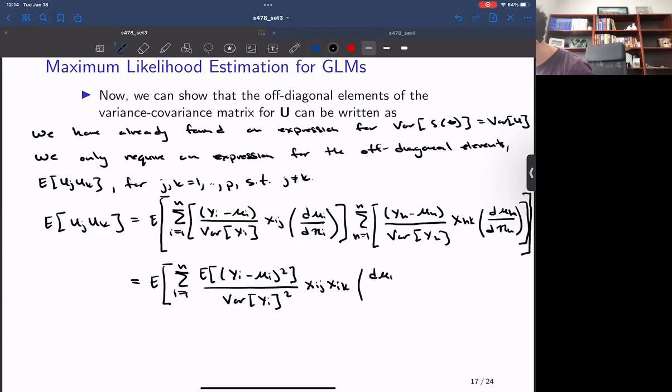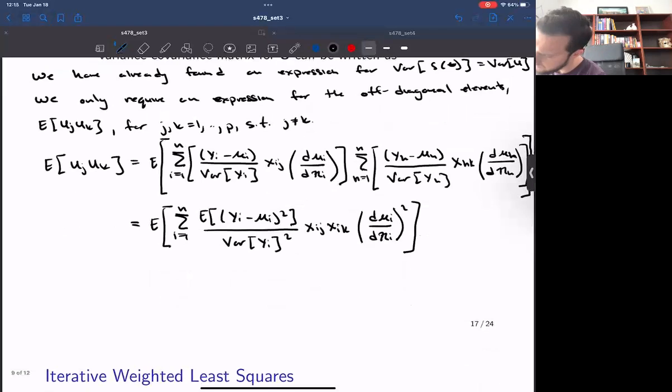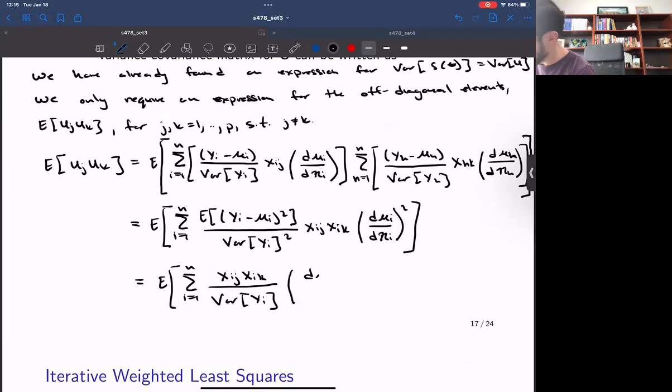Multiplied by d mu i d eta i squared, and we can say this is equal to the sum from i equals 1 to n of x_ij x_ik divided by the variance of y_i, d mu i d eta i squared.